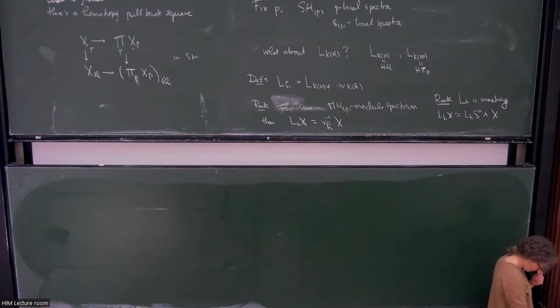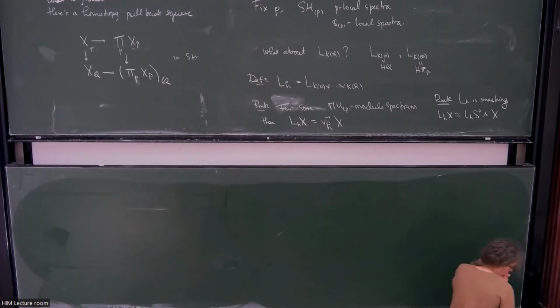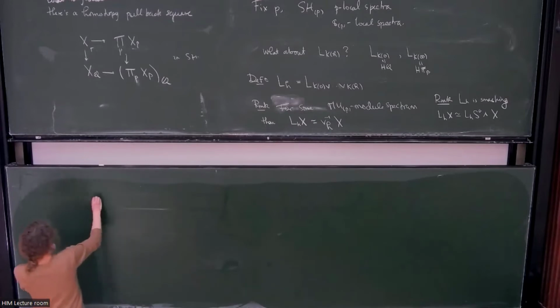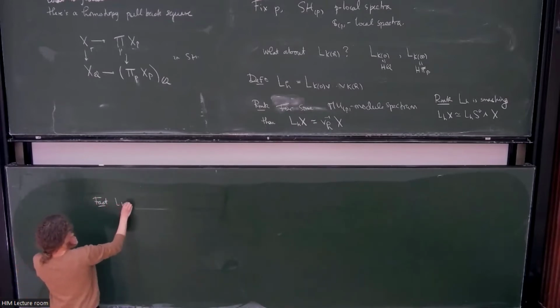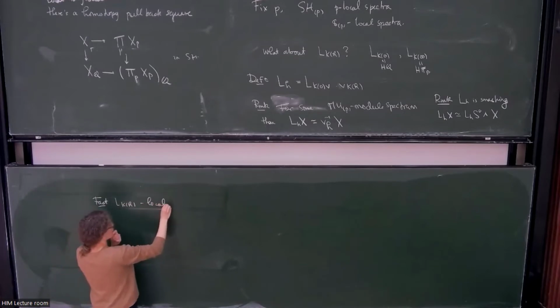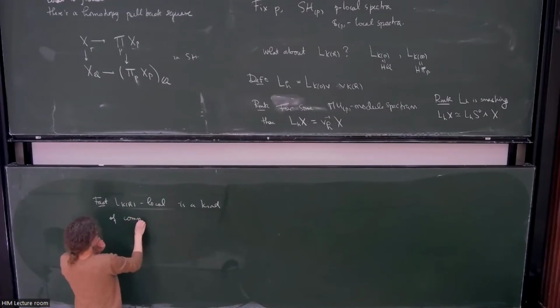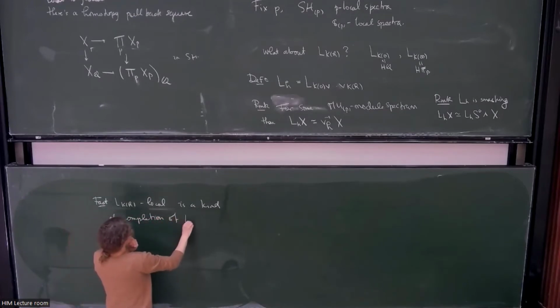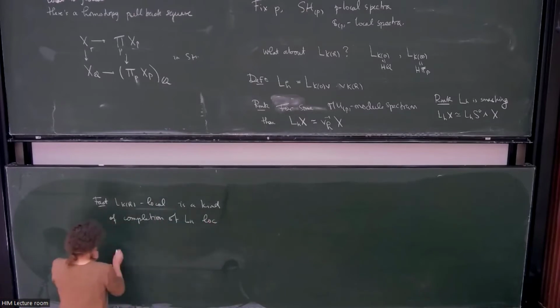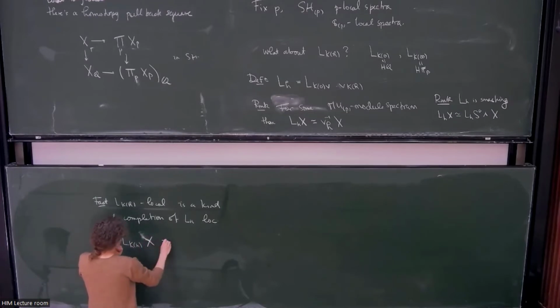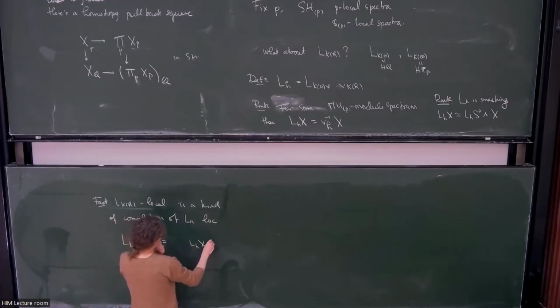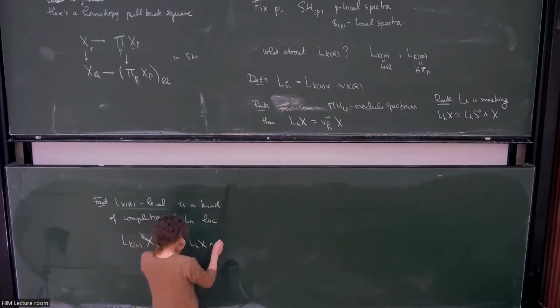Here's another fact: L_{K(H)} localization is a kind of completion of L_H localization. If I want to compute L_{K(H)} of X, and I already know how to do L_H of X, then I can smash with these type complexes that I haven't talked about.